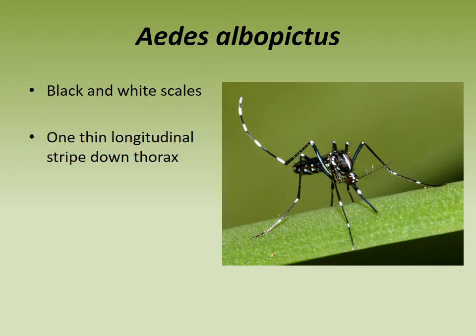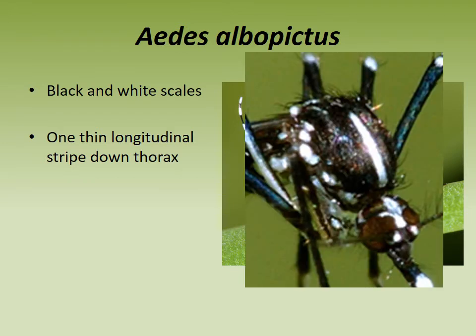There is a thin longitudinal stripe down the dorsal side of the thorax, which I zoom into the picture, and you can see that white stripe, that longitudinal line going down the thorax.